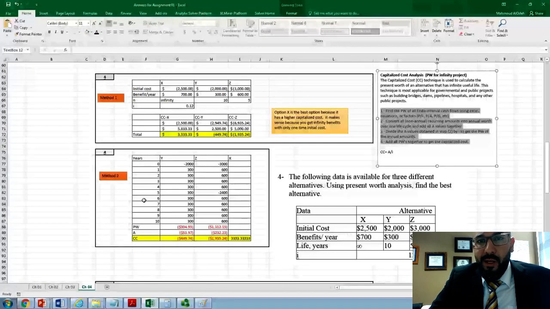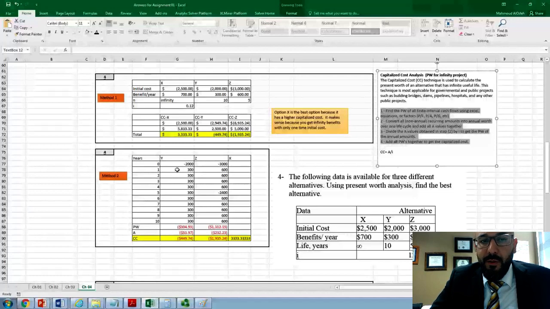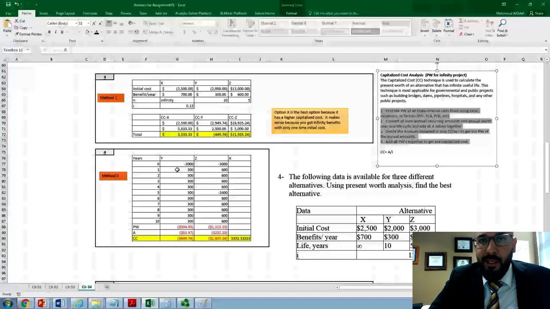Now, another way to calculate the capitalized cost for the finite alternatives like Y and Z, you create the cash flow as we've learned in other examples.